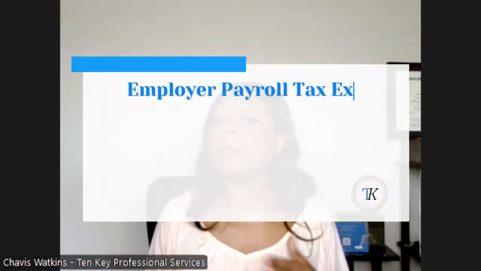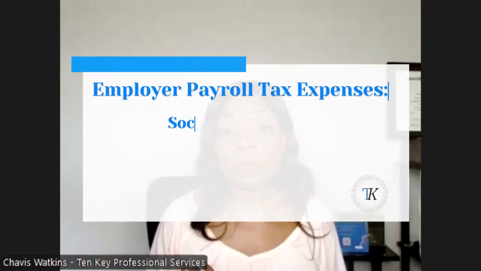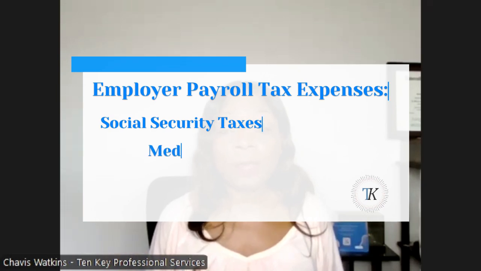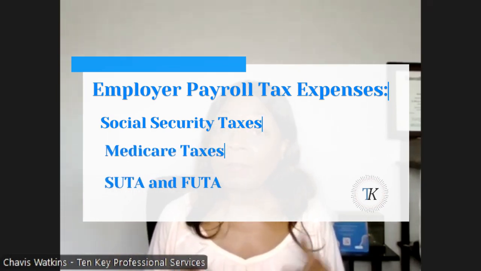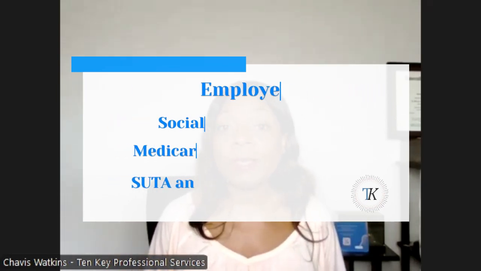Something to think about if you are considering hiring employees for your company in the future. If you have employees, not contractors, employees, your company will have payroll tax expenses. Your company will have Social Security, Medicare, SUTA, and FUTA expenses.